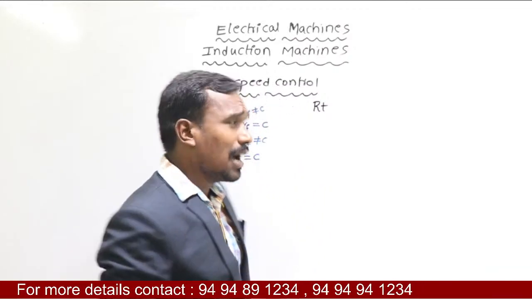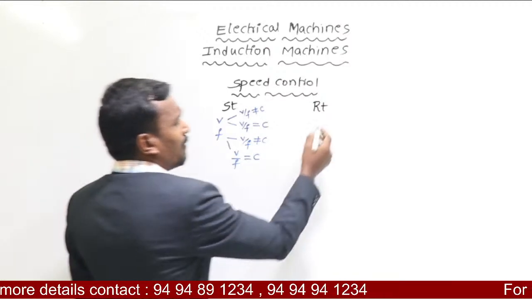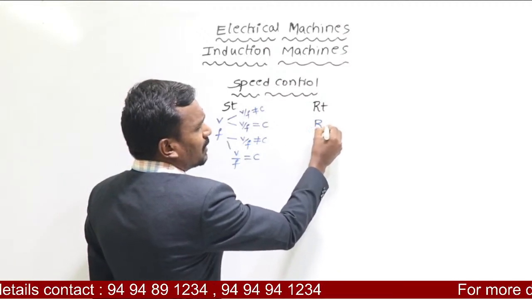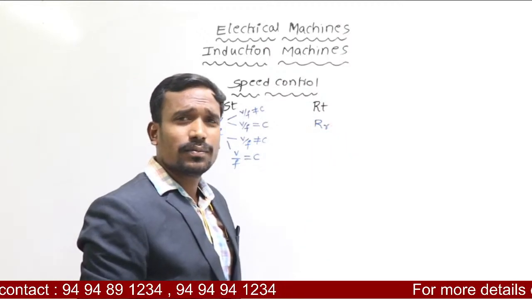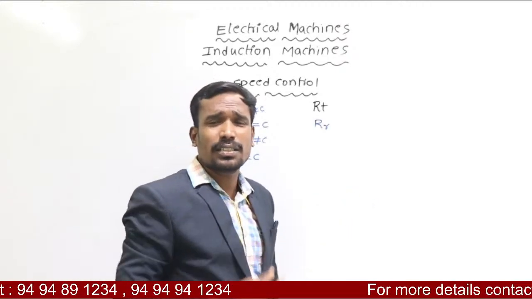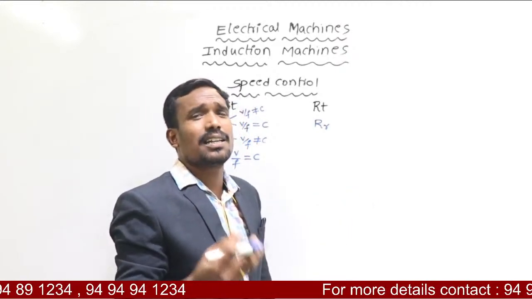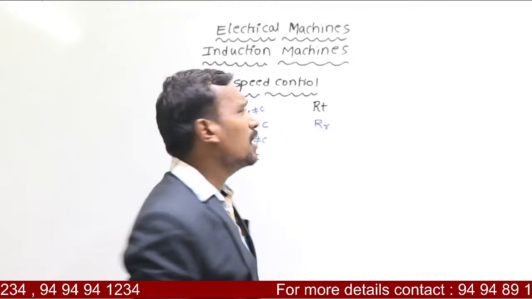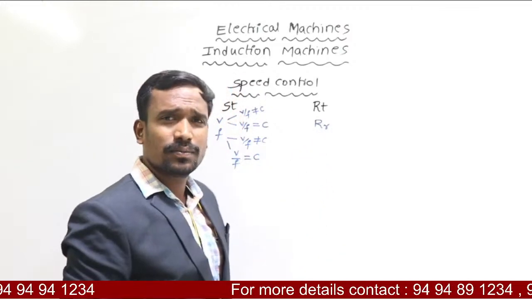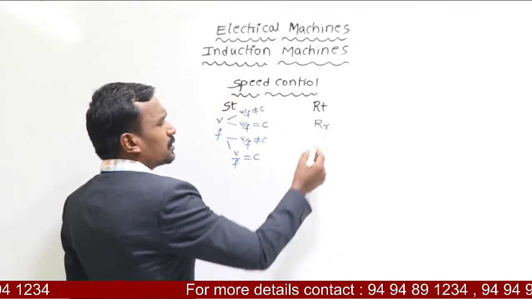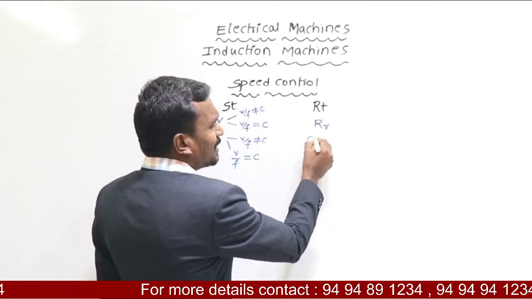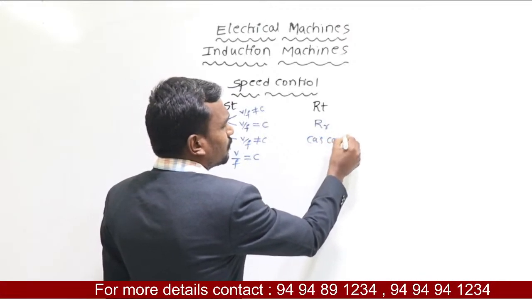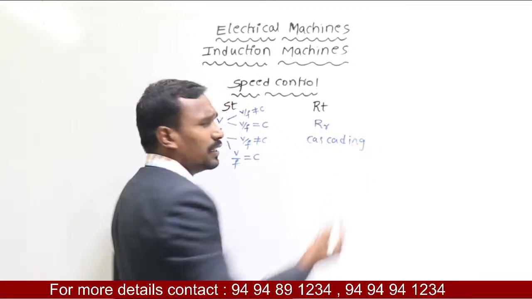Other than that, we have the rotor resistance control method. By including the rotor resistance, or by connecting extra resistance in series to the rotor, we can control the speed. Of course, by the cascading method we can control the speed.